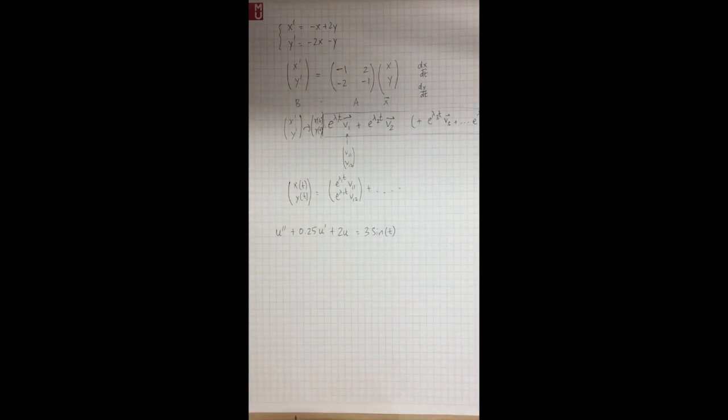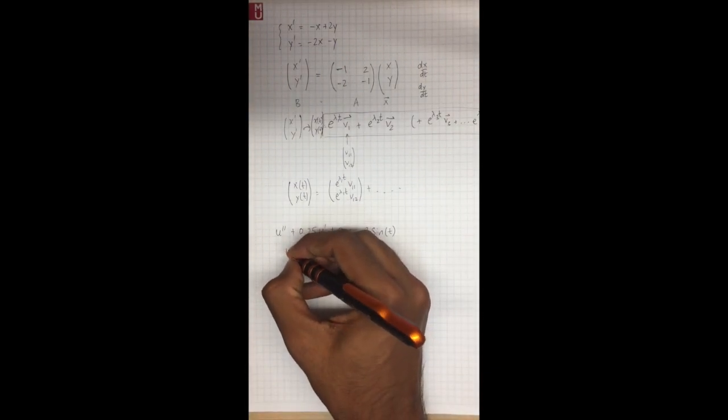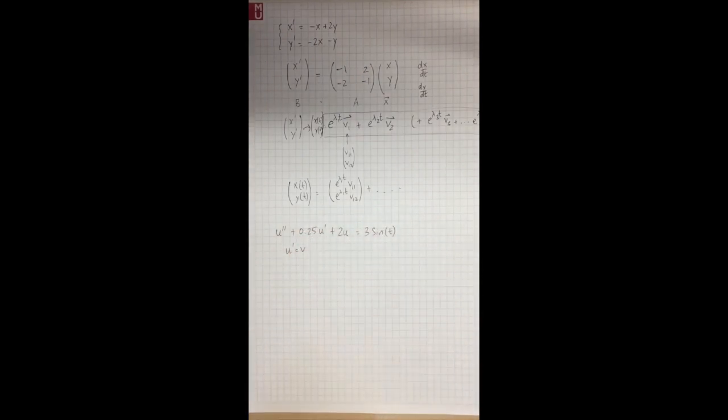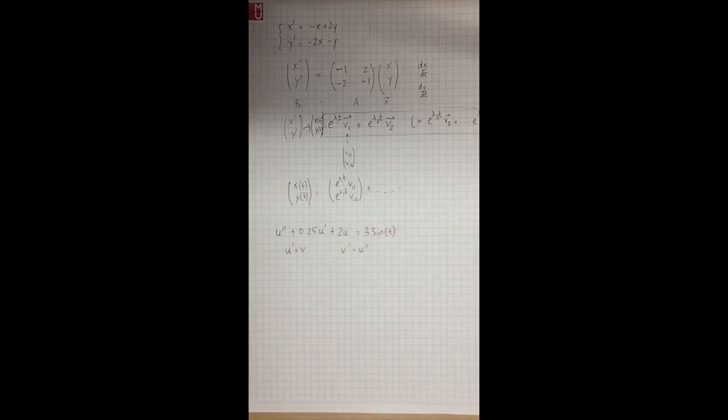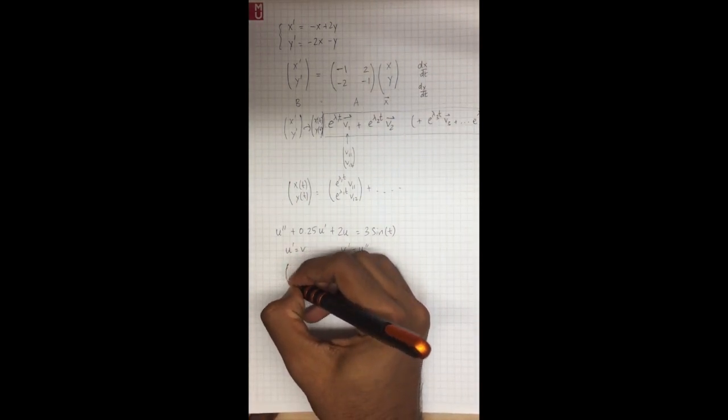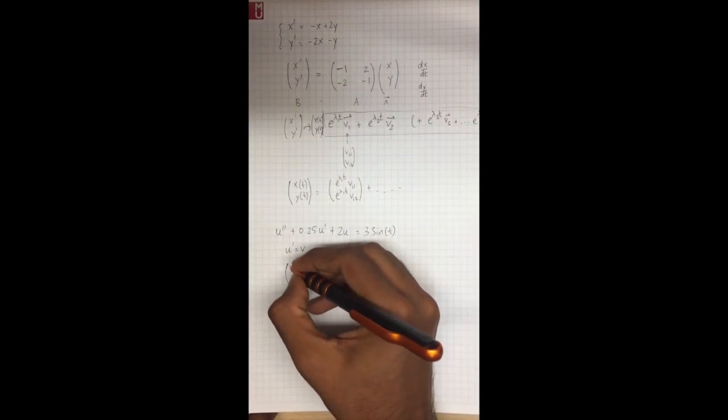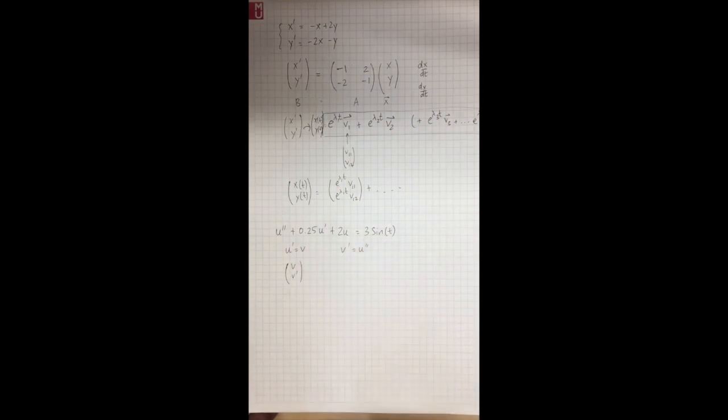Over here we are just going to consider u prime is equal to v. So what happens to v prime? v prime would just be u double prime. This would simplify the way of solving it for us. So we can change our matrix to again u, v and v prime.